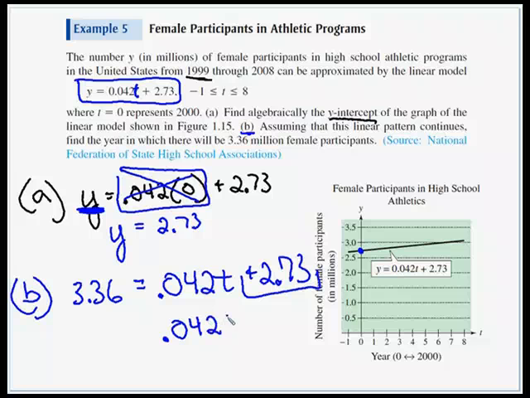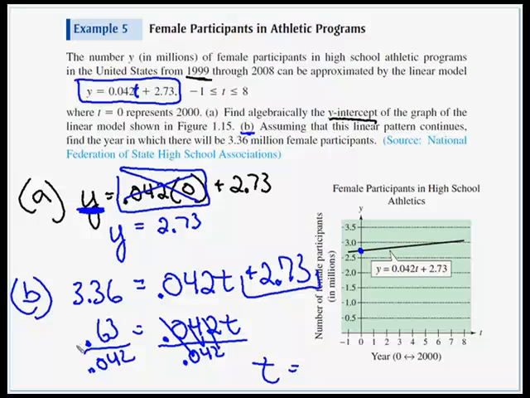So I'm going to have my 0.042t. 3.36 minus that is 0.63. And then I'm going to divide by the number in front of t to get t alone. So divide by that 0.042. That cancels out, and we get t equals 0.63 divided by 0.042 turns out to be a nice even 15.